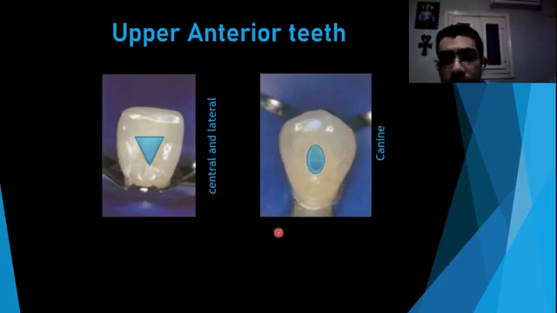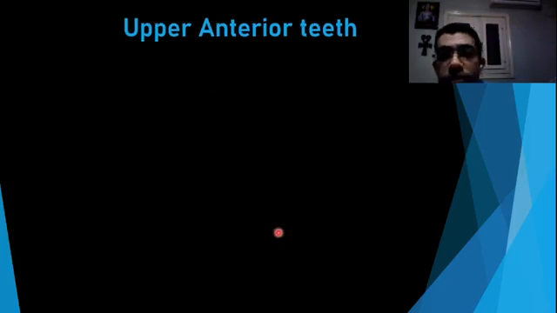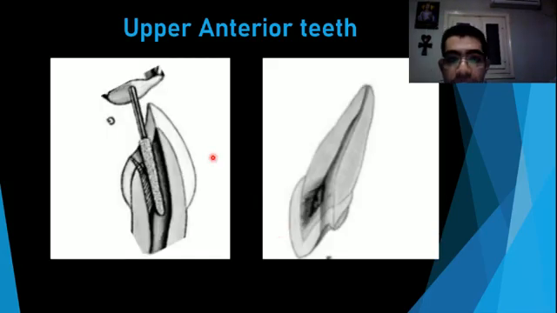For the upper anterior teeth, we have two pieces of information which are important that we should talk about. We have what's called the lingual shoulder and what's called the labial bulb horn. The lingual shoulder is a piece of dentin opposite to the cingulum from the inside.